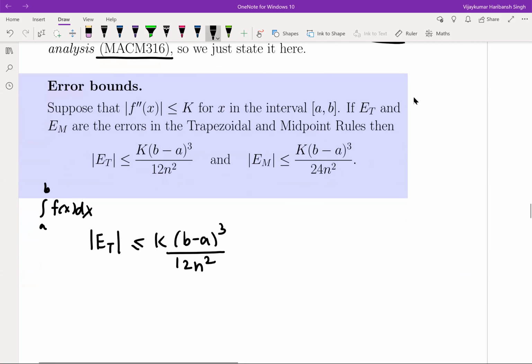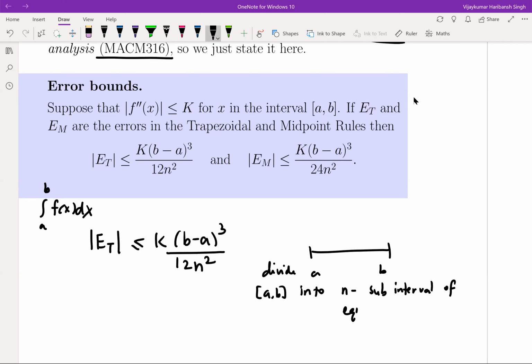where of course a and b are clear. n is the number of subintervals of equal length into which you divide the interval ab, so n is known to us.